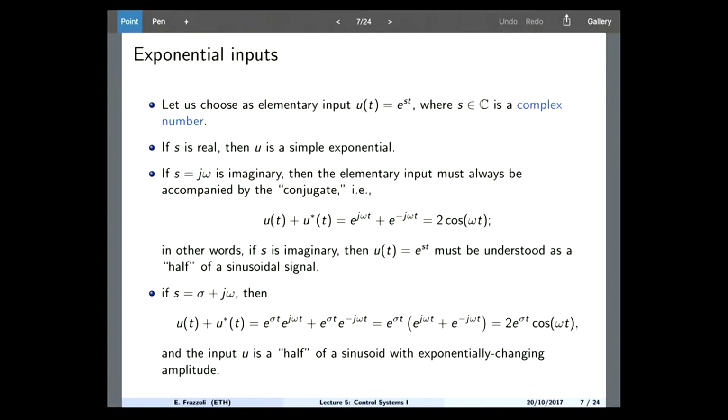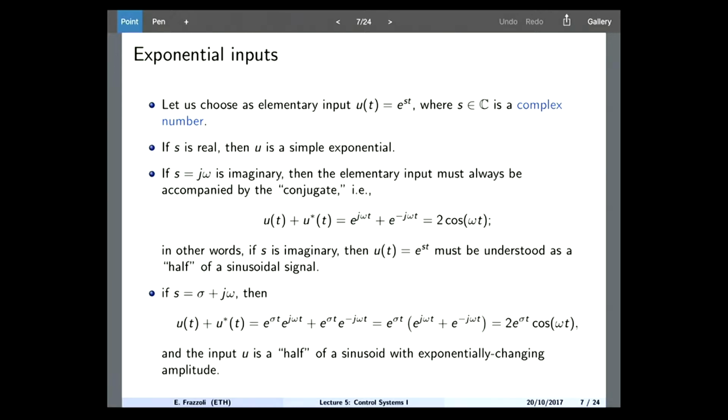How can you write a sinusoid with a frequency? A sinusoid of frequency 1 radian per second. What would be S? What is the S that corresponds to a sinusoid of frequency 1 radian per second?